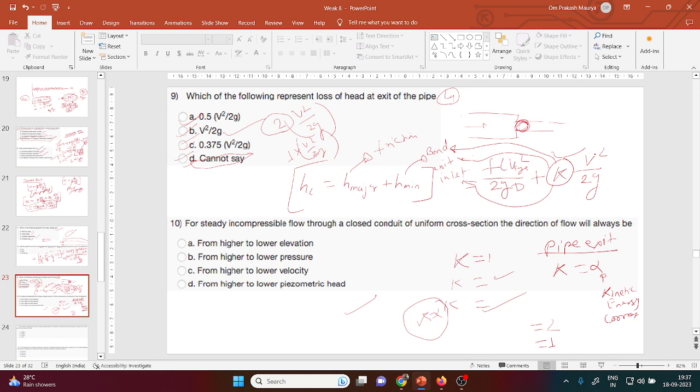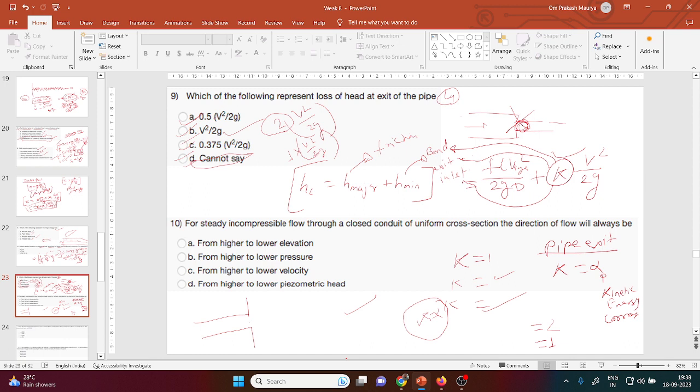Do not think of the flow in the pipe, just think at the exit location. This is the diagram for exit. Let's say there is a reservoir and the water is entering this reservoir.